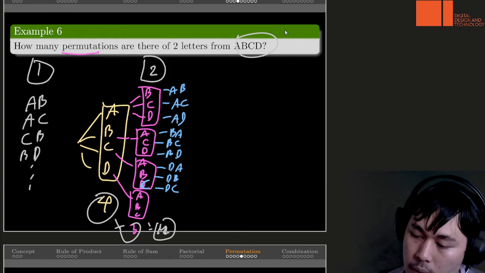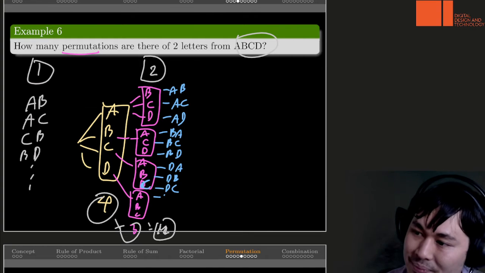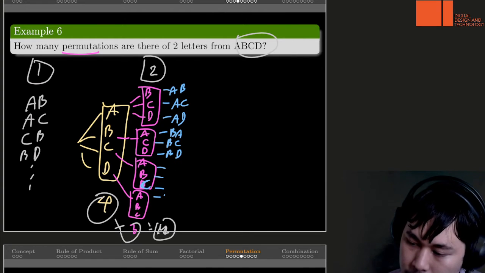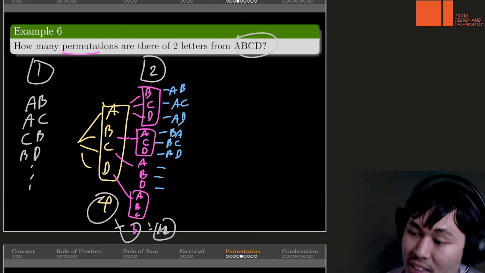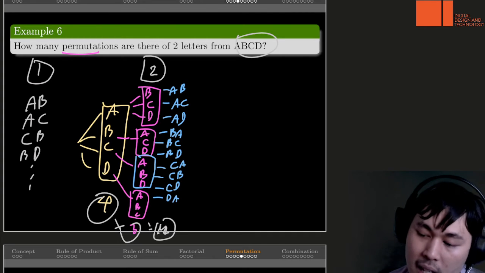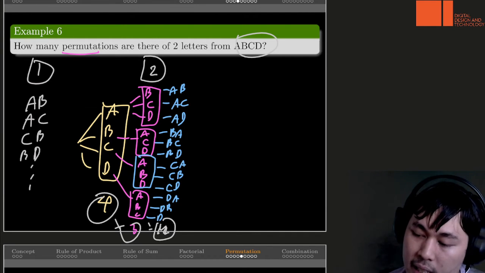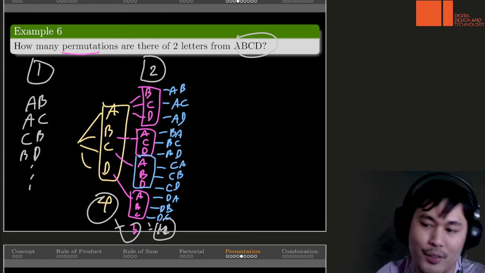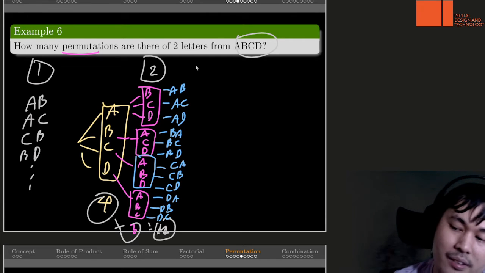Oh, that should be C. My bad. So it should be CA, and then CB, and then CD, and lastly it should be DA, DB, and DC. So hopefully we get all 12 permutations.